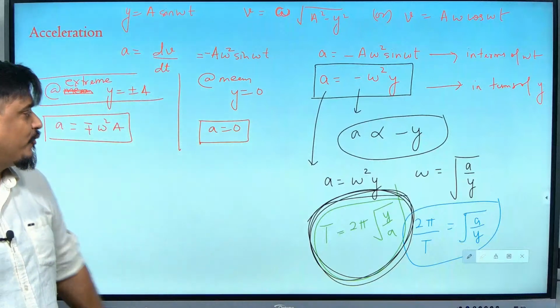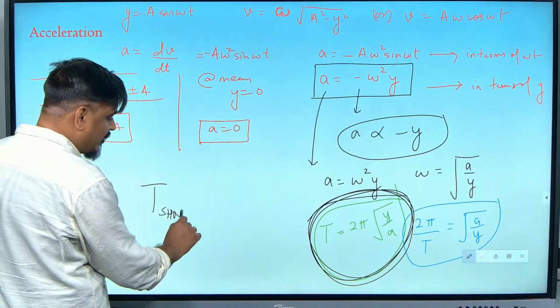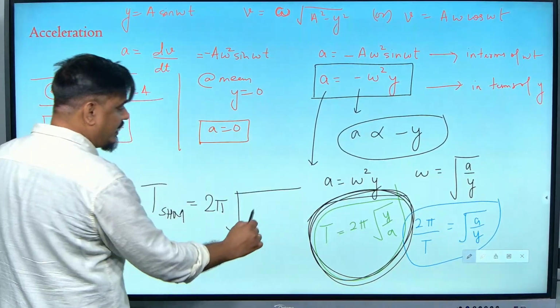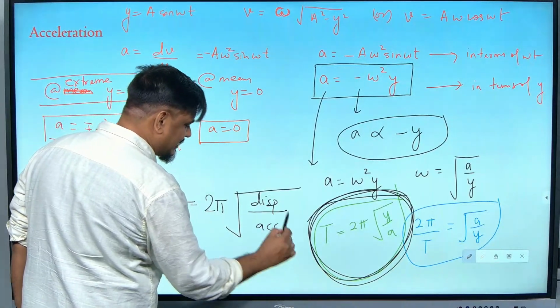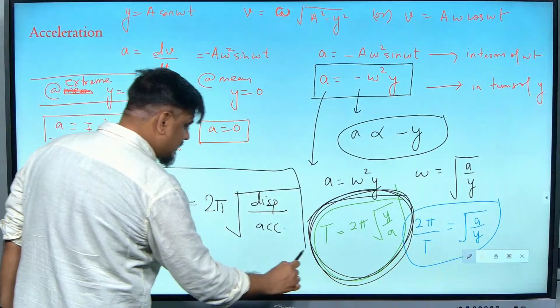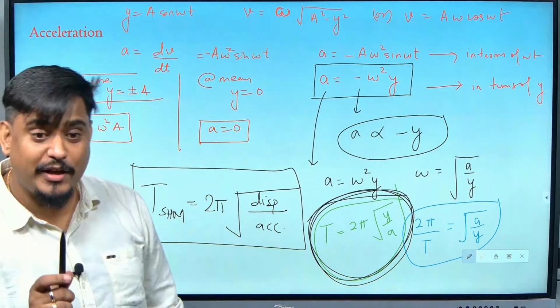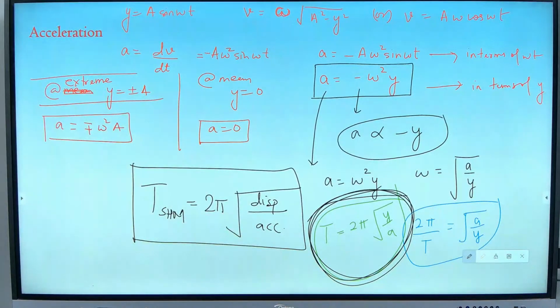Time period of any simple harmonic motion will always be equal to 2 pi root over displacement by acceleration. Keep this in your head. Even for the simple pendulum, we have 2 pi root over L by g, no? It comes from here only. I'll show you how.